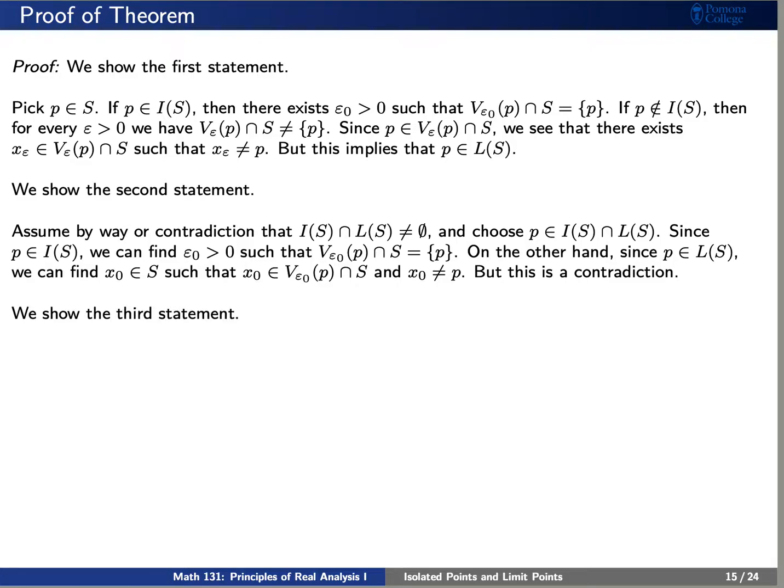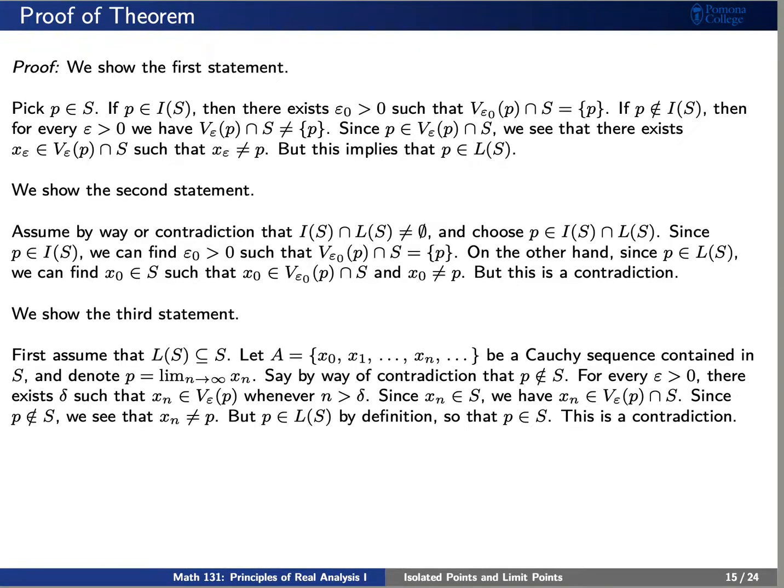Let's show the third statement. First, let's assume that L of S, the limit points, is contained in S. We're going to show that our Cauchy sequence has a limit that's also contained in S. So let's pick a Cauchy sequence A with terms x sub n, and let's denote P as the limit of this sequence.